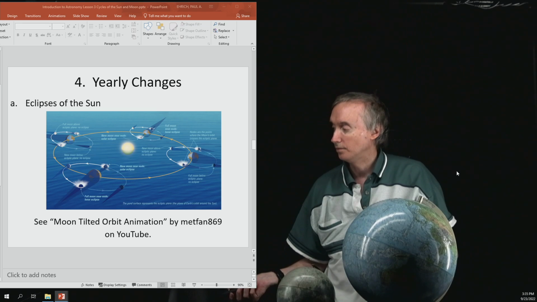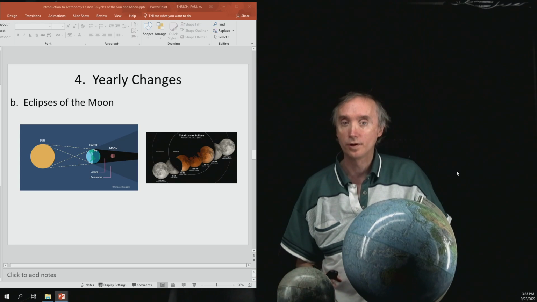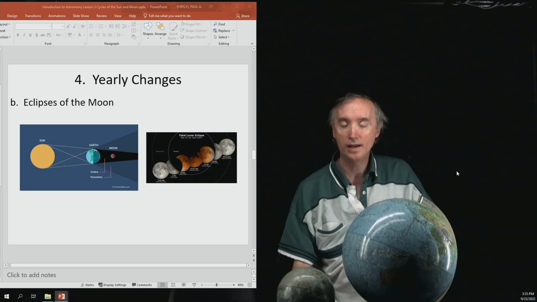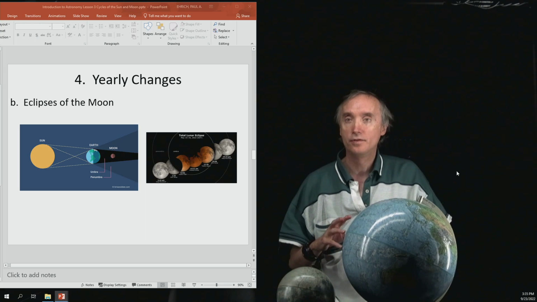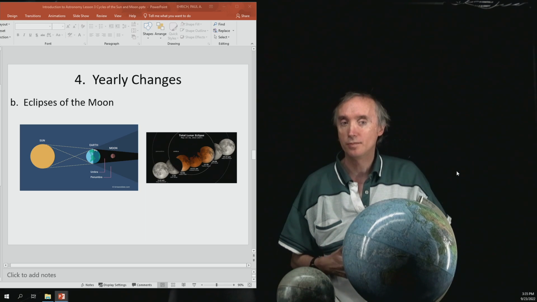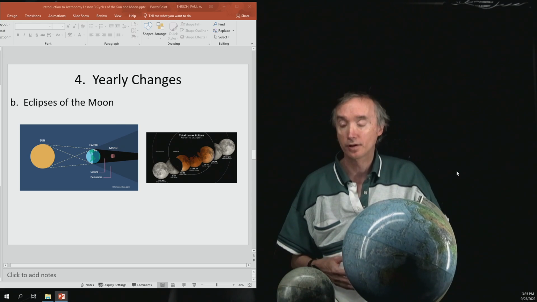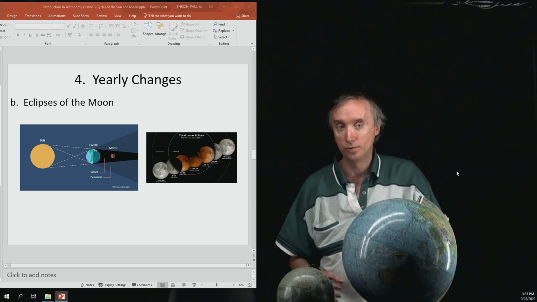Here's a picture of what it looks like. You'll notice that a solar eclipse might be over in about 1 minute, whereas a lunar eclipse might take a half hour to an hour for the shadow of the Earth to go across the moon.